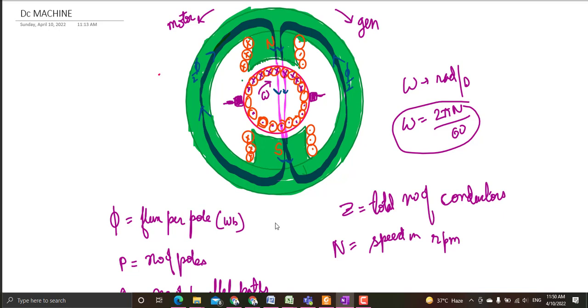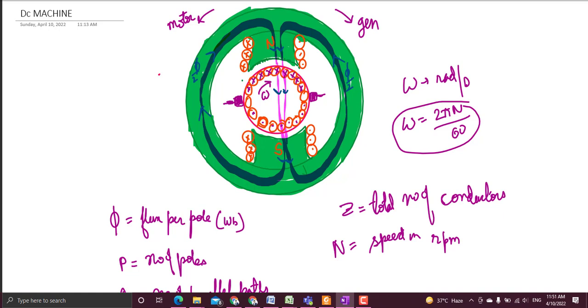Okay, so when we want to increase the current rating of the machine, we want to increase the number of parallel paths, so we make a winding in such a way that more parallel paths are used. So we use a lap winding machine.